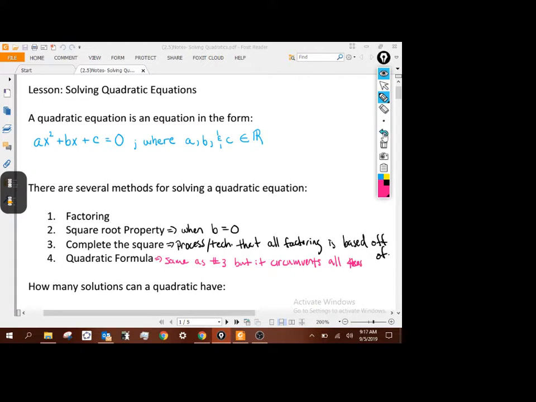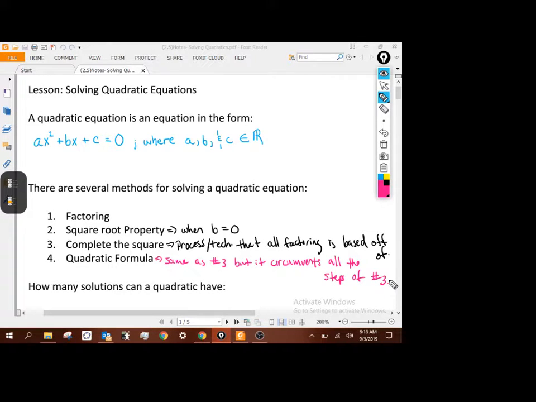To circumvent something means to go around something. So it allows us to avoid essentially all the steps in number 3.